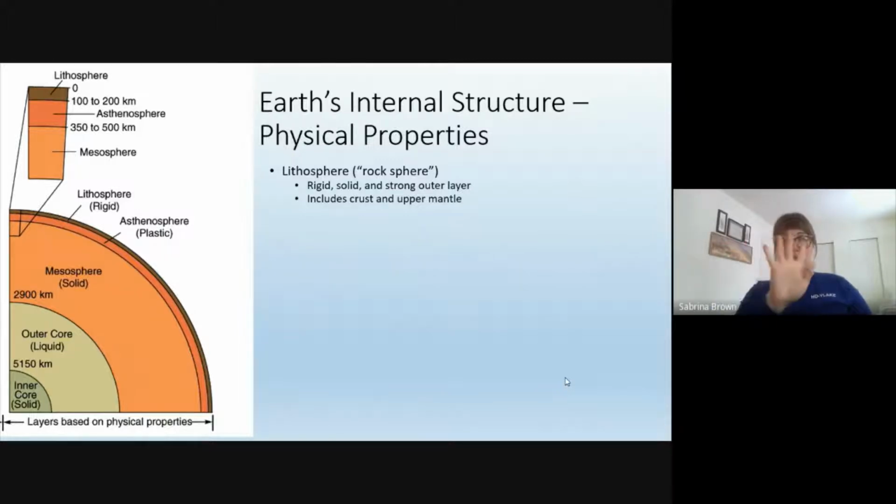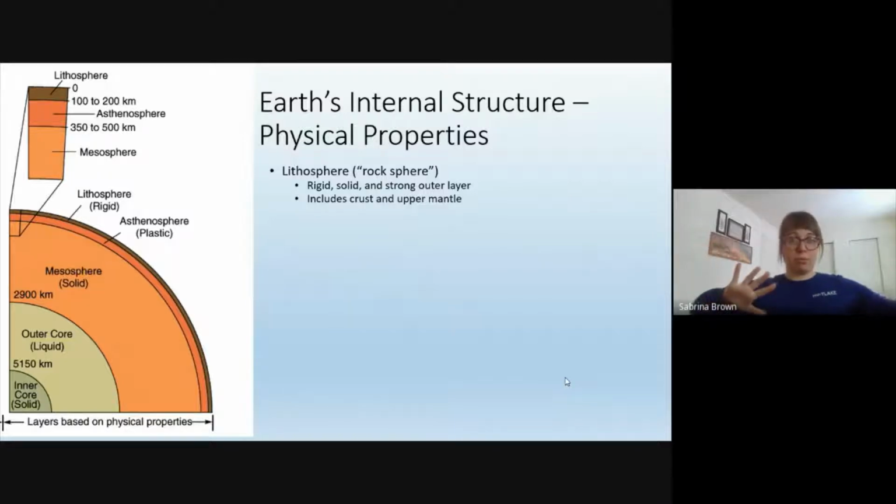So notice that even though we say the crust and the mantle are different things based on chemical composition, based on how they behave physically, right? Because this has to do with that confining pressure that we talked about last week with metamorphic rocks. Notice that chemical composition doesn't play a part when we talk about the physical properties.